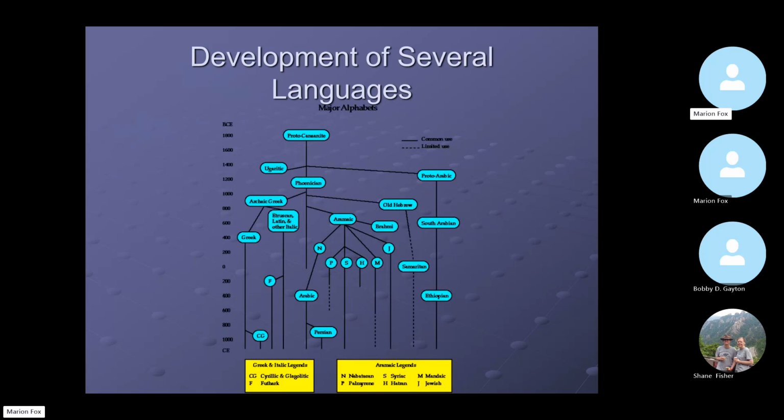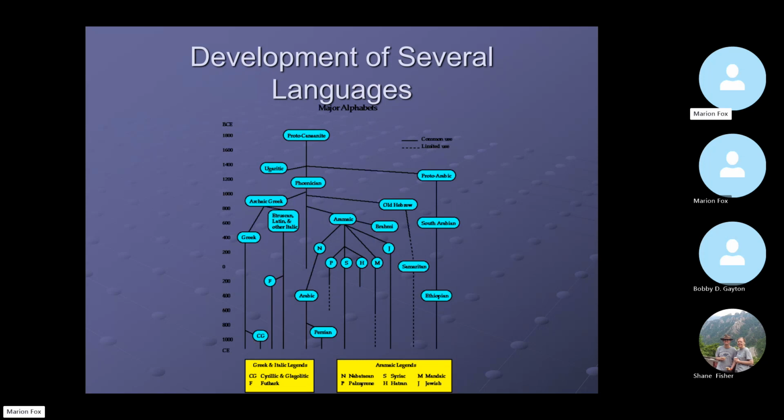Here's a chart. I found this on the internet, and it follows through with the languages. About 1800 BC, the Proto-Canaanite language and the Phoenician language, if you'll notice here, I'll get my mouse to move around. It split off, and we have Greek, Archaic Greek, and then Greek. We'll follow that in the Cyrillic languages.